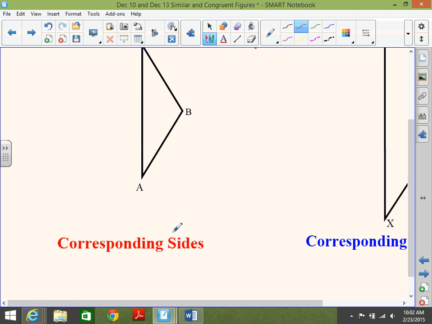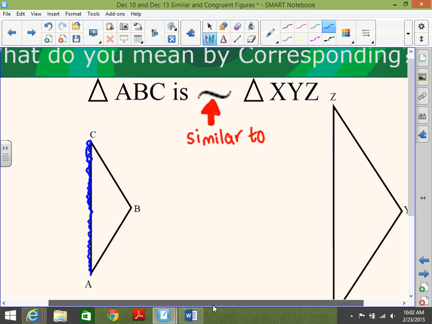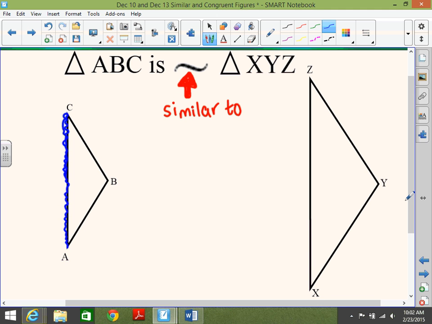All right, we ready? Okay, so take your first colored pencil in your hand. And we're going to draw a squiggle line from A to C. What corresponds to side AC on the big triangle?